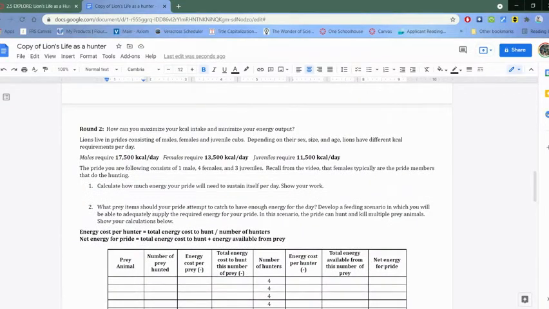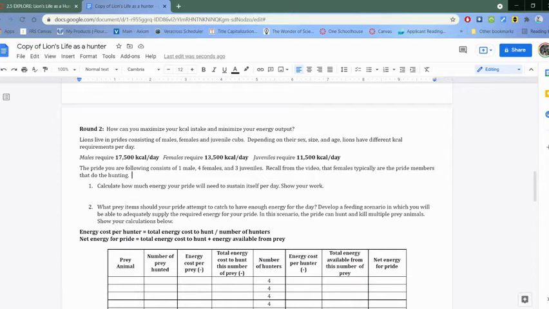In this case, we're going to see what it's like to hunt as a group. So our family group is a pride, and it's going to consist of 1 male, 4 females, and 3 juveniles. Notice that the energy requirements are a little bit different for each type of lion.